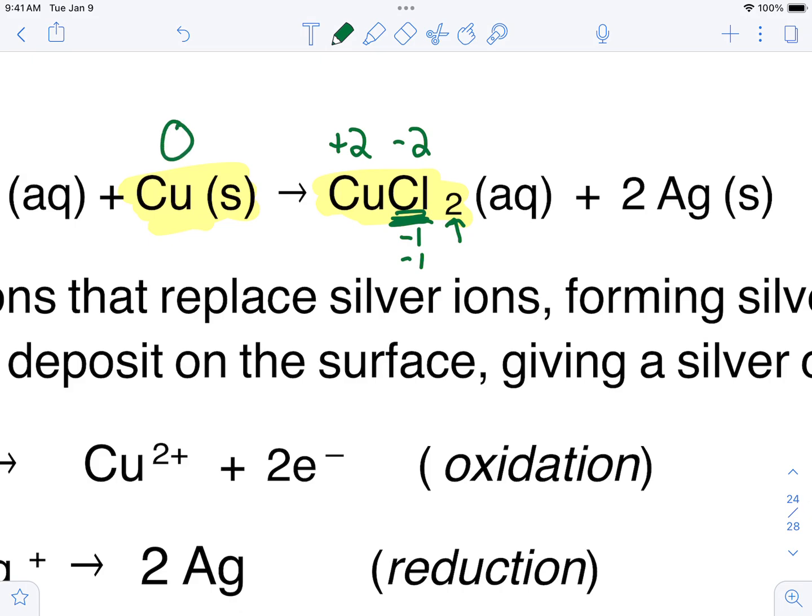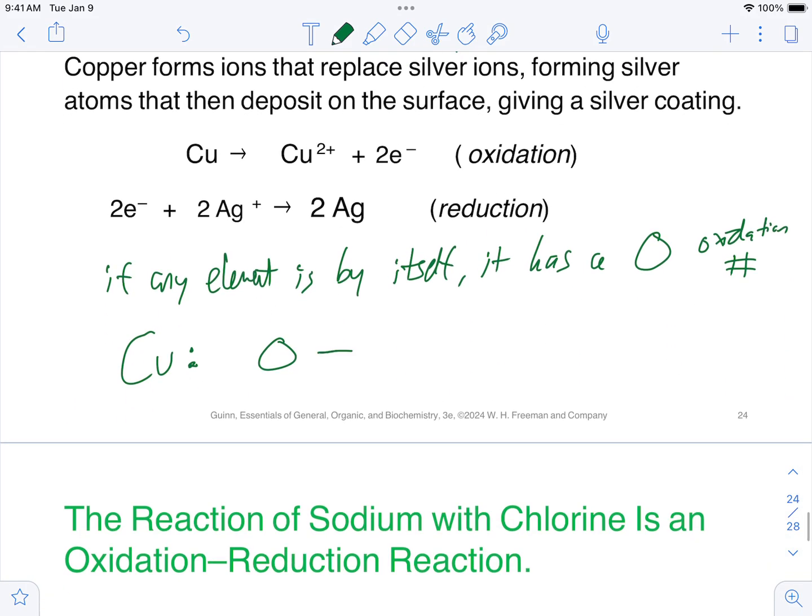So Cu went from a 0 to a +2. So would that have gained electrons or lost electrons? If it went from 0 to positive, that's a loss. It has a loss of 2 electrons, 2 negatives lost. And we know that oxidation is a loss of electrons. So that is why the Cu here is oxidized.